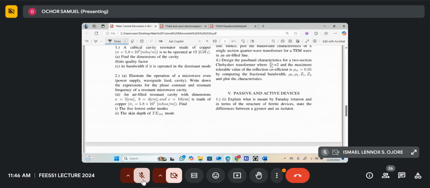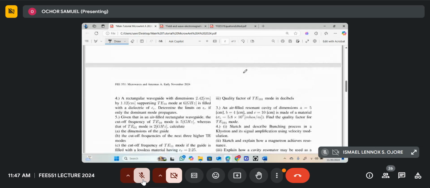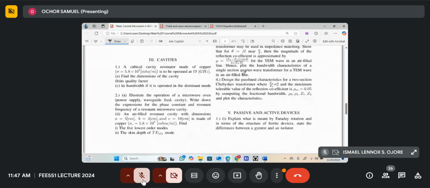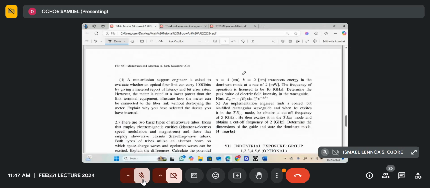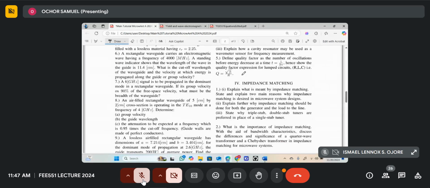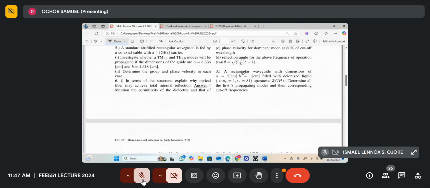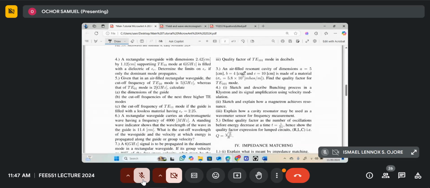I believe it was group 3 where we looked at it. Where is that question? It was somewhere here. I'm looking for the question on klystron, cyclotron wave, space wave. Yeah, here.